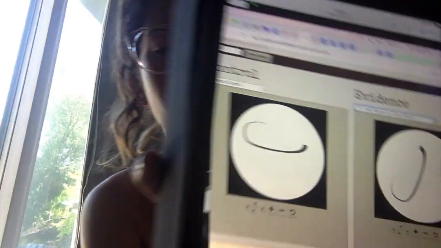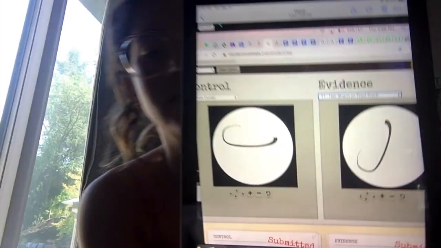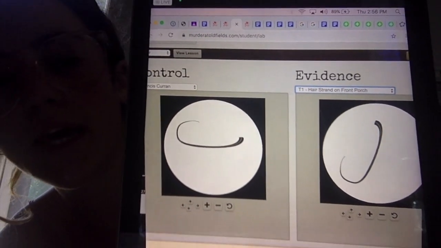Another suspect's hair sample, Francis Curran, was comparable to the other hair strand found on the front porch. They were both black in color and curly. The medulla pattern was continuous and the medulla structure is amorphous, and on both the scale pattern is imbricate.